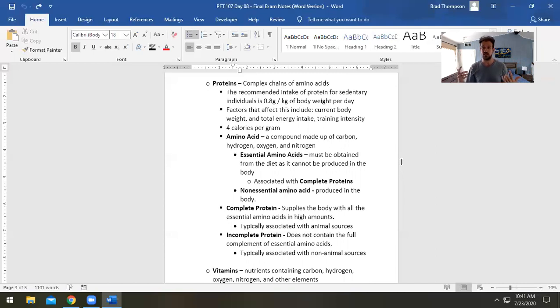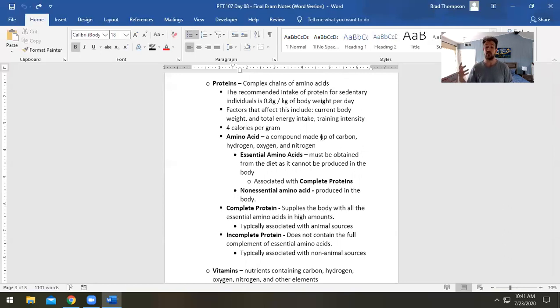So those proteins could be a muscle inside your body. It could be enzymes that help you break down food inside your body, different types of tissues. Different materials running throughout, and depending on what the shape of those things are, that's going to determine which protein it is. So the protein from your skin is very different from the protein that make up the enzymes in your saliva, which is very different from the proteins that make up your DNA.